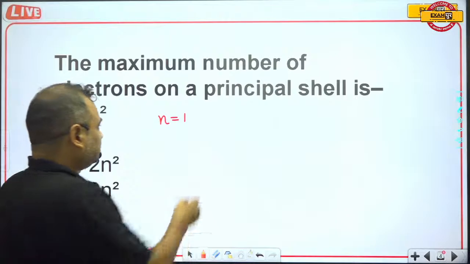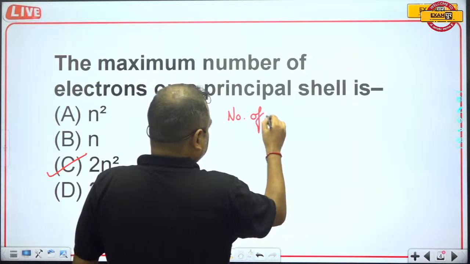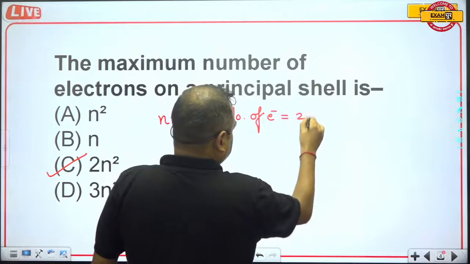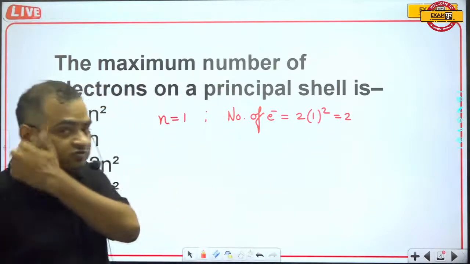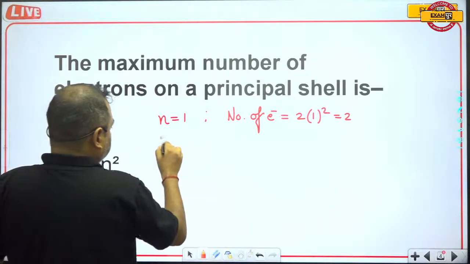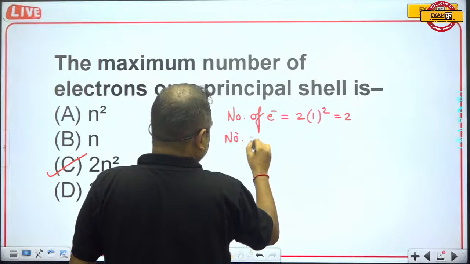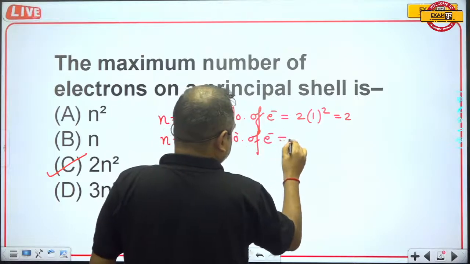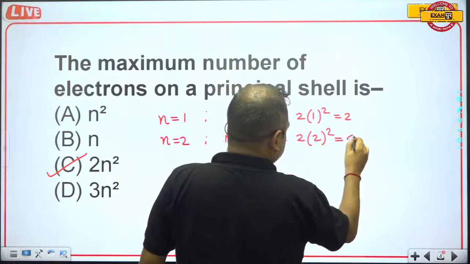In the first cell, electrons will be 2. For n equal to 2, the number of electrons is 2 into 2 square, which is 8.